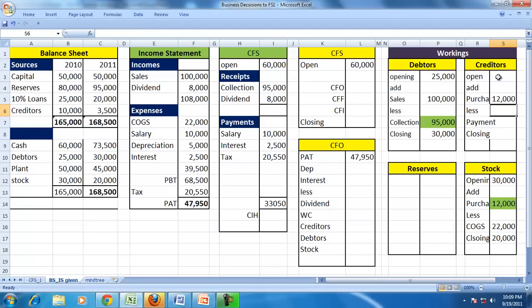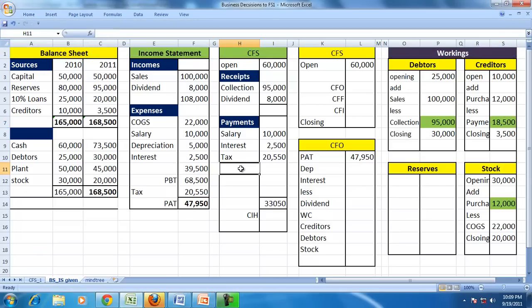So creditor, opening creditor was 10,000, closing creditor 3,500, and purchases is, we got it from here. So the balance is the money paid during the period. 10 plus 12 minus 3,500 is the amount paid to the creditor.